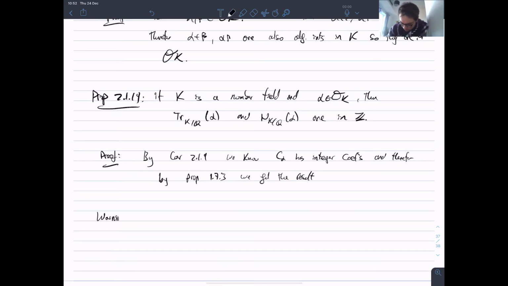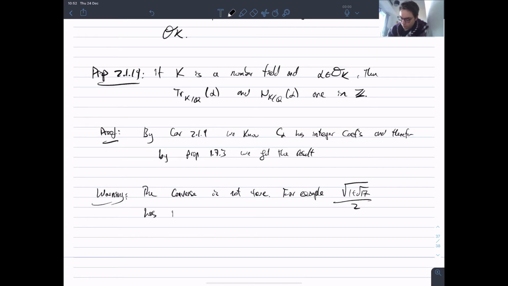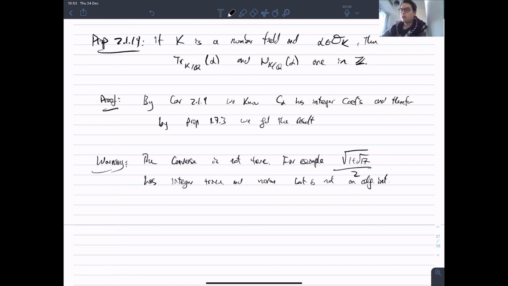Warning, the converse isn't true. For example, have fun with this, but you can check the following: the square root of (1 plus root 17) over 2 has integer trace and norm, but is not an algebraic integer.